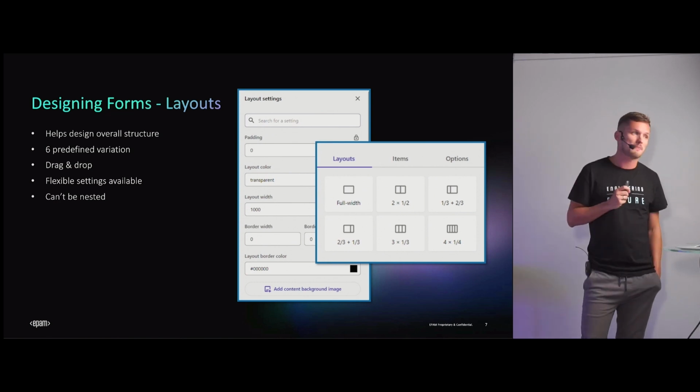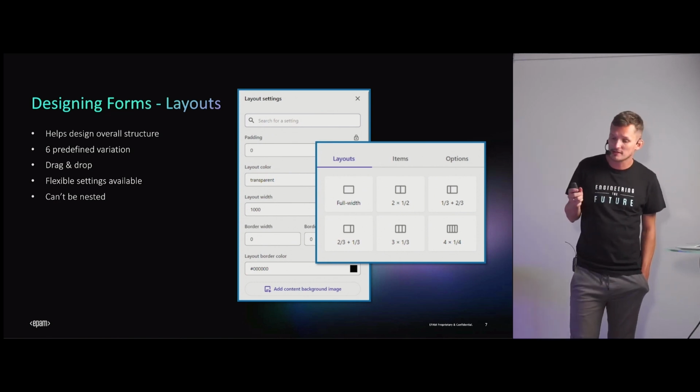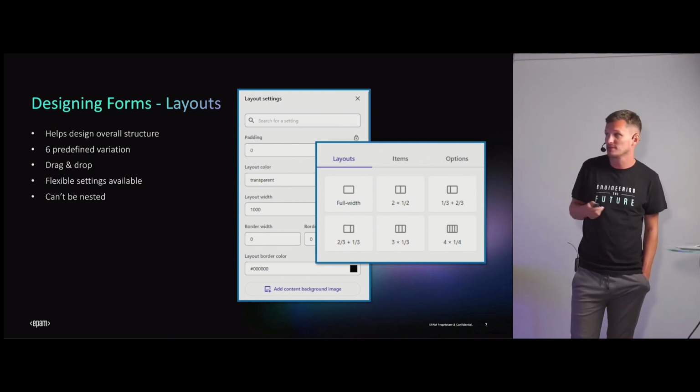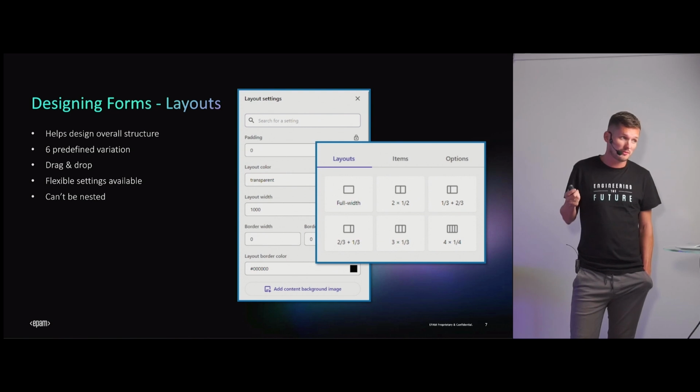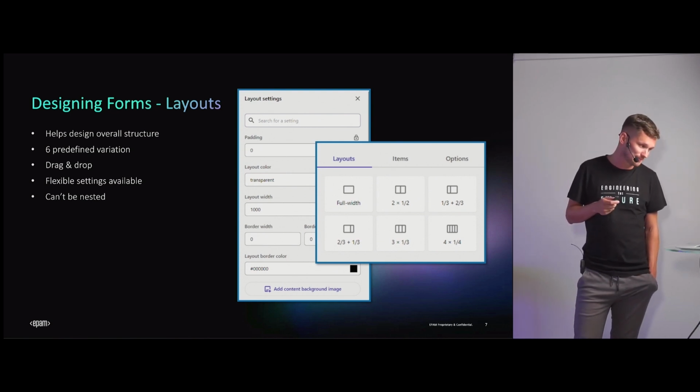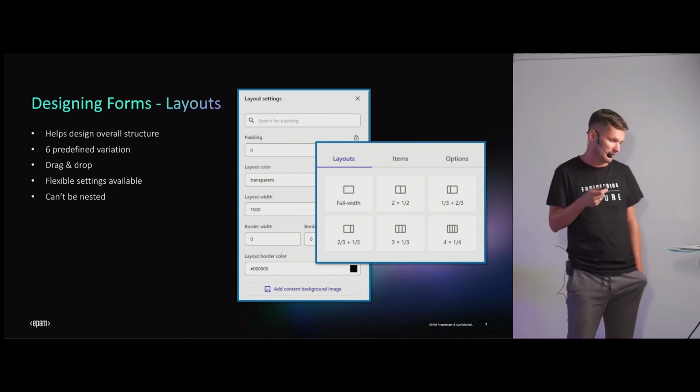Okay, so yeah, probably the first thing you need to focus on when designing a form is the layout, so the overall structure of the form. And in XM Cloud Forms, it's all about dragging and dropping. So it comes with those 6 predefined variations.